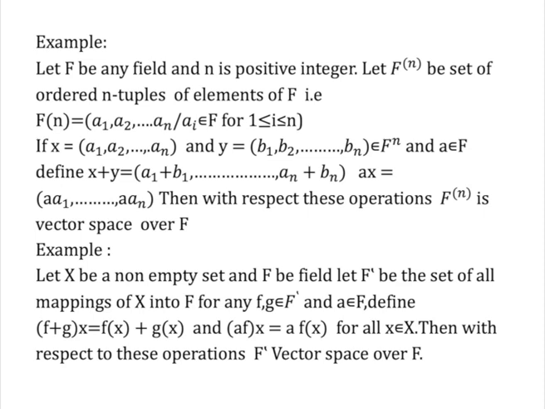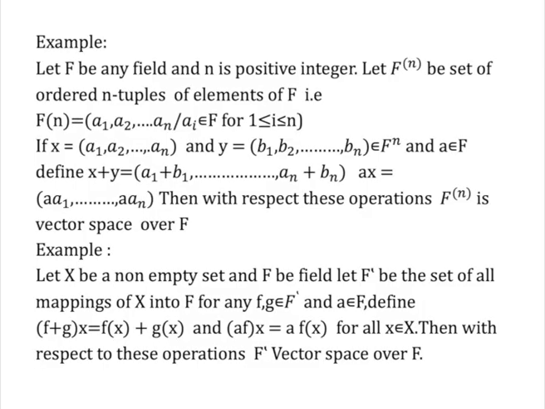Let F′ be the set of all mappings, that is functions, of X into F. For any f, g belonging to F′ and a belonging to F, define (f + g)(x) = f(x) + g(x) and (af)(x) = a·f(x), where a is the scalar, for all x belonging to X. Then with respect to these operations, F′ is a vector space over F.